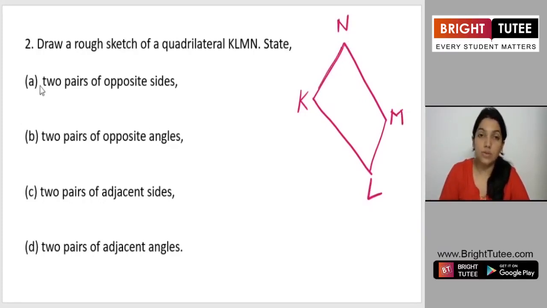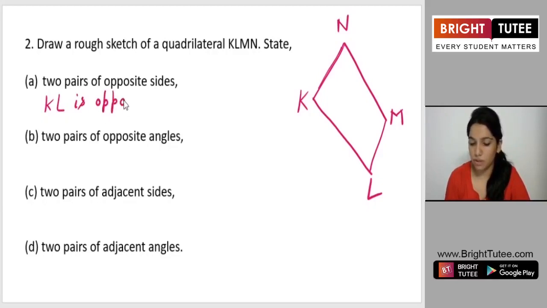Now we need to name, in the first one, 2 pairs of opposite sides. I hope you remember the side which is not sitting next to the adjacent one is the side which is opposite. So to the KL side, which side do you see opposite? KL is opposite to the side NM.